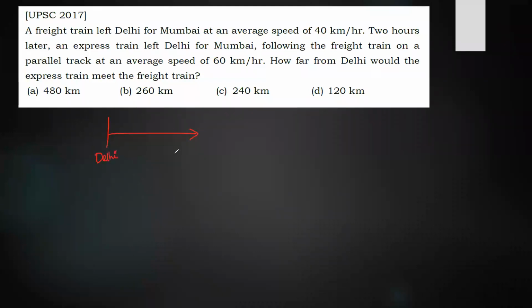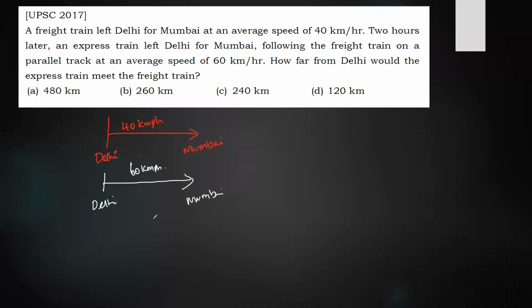Okay, give it a try. Same type, they are asking in a different way. Yes, Siddharth, good, perfect. A freight train left Delhi for Mumbai at an average speed of 40 kilometers per hour. Two hours later, another train, also from Delhi to Mumbai, at a speed of 60 kilometers per hour.